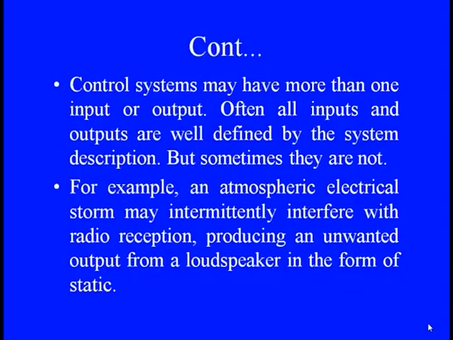So, this is a well defined problem which needs to be defined when we are designing the active control system, because ultimately we need to generate the forces through actuation and sensing. An example is an atmospheric electrical storm that may intermittently interfere with radio reception, and through that a clear unwanted output is produced from the loudspeaker in the form of static, and we need to cancel out this noise.